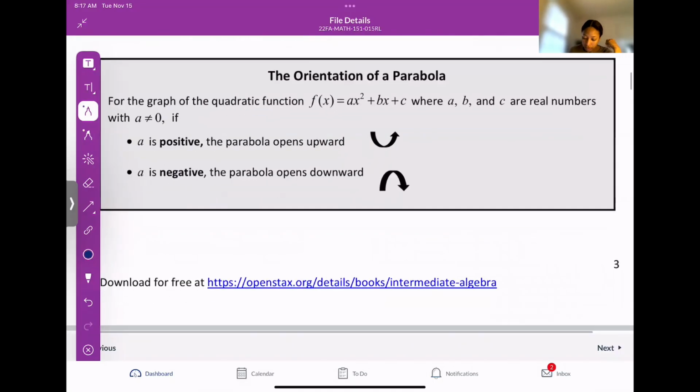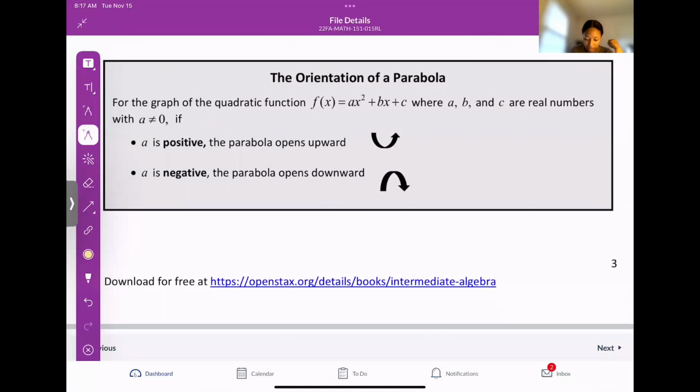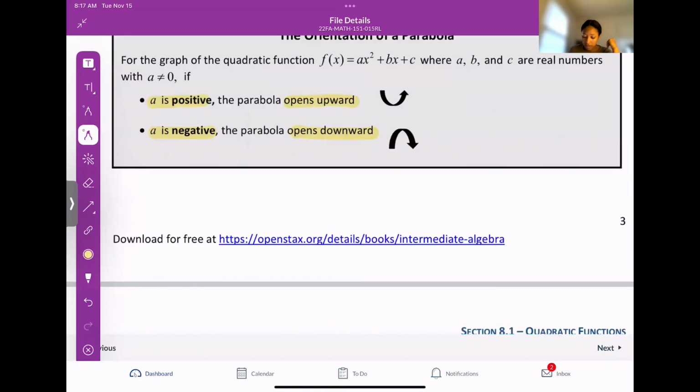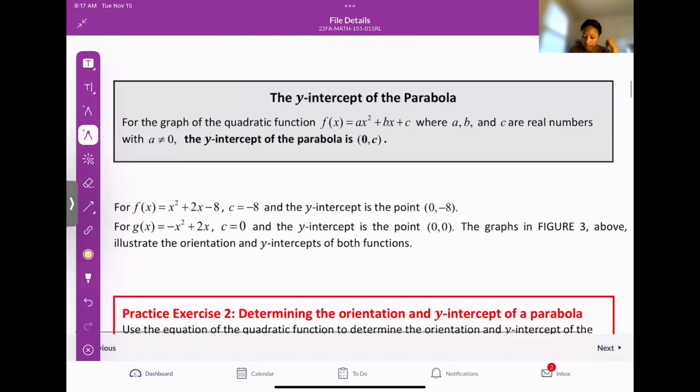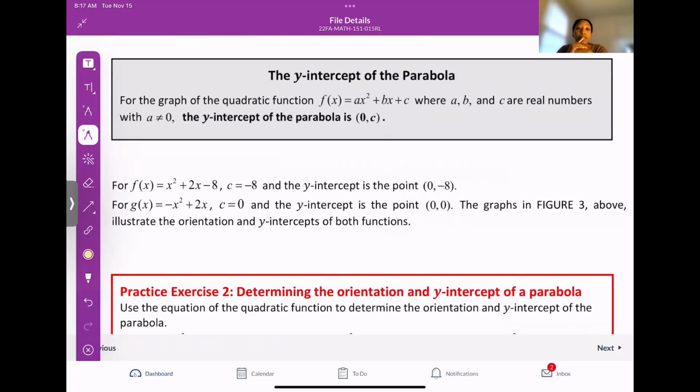First the orientation: when a is positive, the parabola opens upward, and when a is negative, the parabola opens downward. And then for c, the y-intercept is always given by the constant term, 0 comma c.